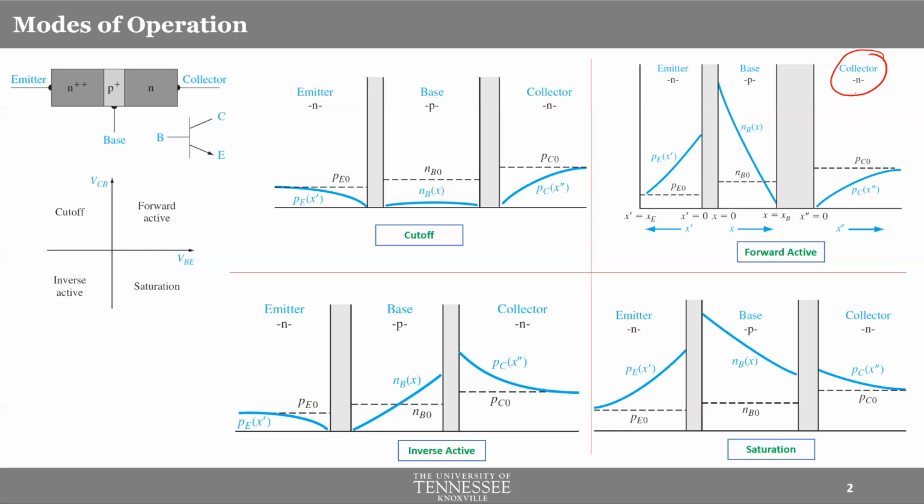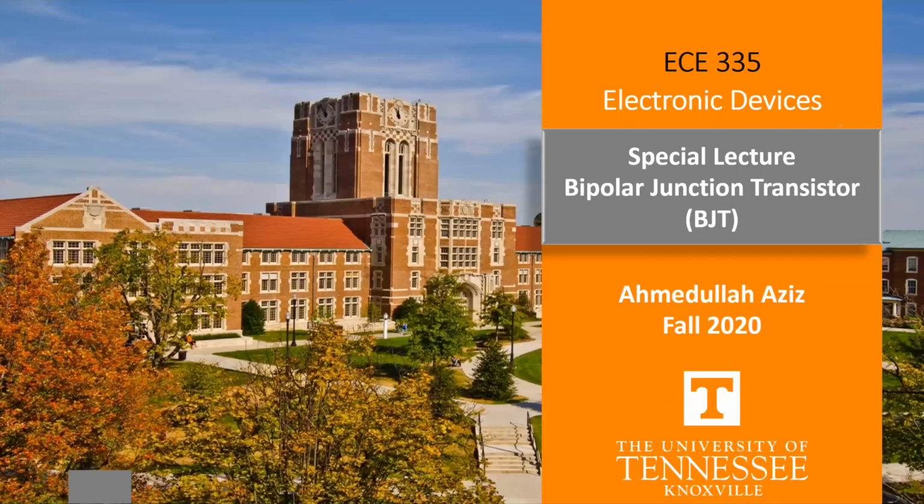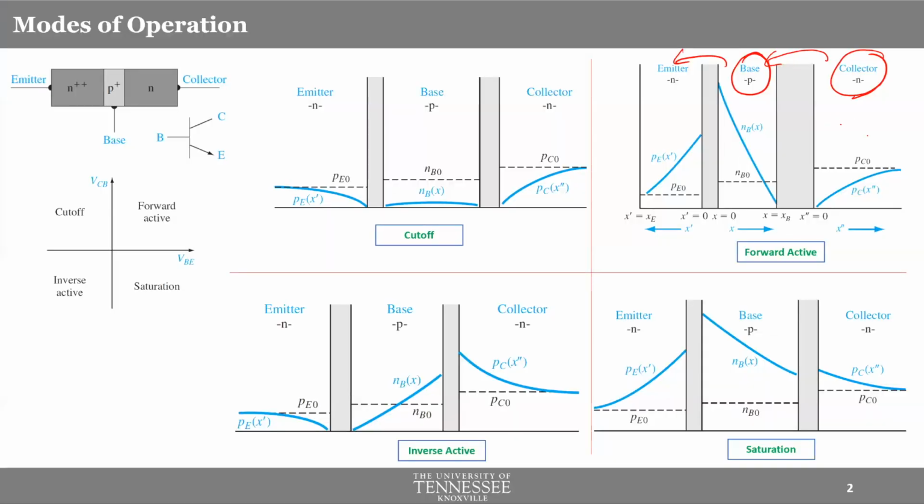Base will have higher doping density compared to the collector, and emitter will have the highest doping density. So oftentimes, we represent this as N and this as P plus, even though, remember, I mentioned that this doesn't represent degenerate, it just represents that you have higher doping concentration. And we represent emitter as N plus plus, just to represent that it has even higher doping concentration compared to the base, and obviously compared to the collector.